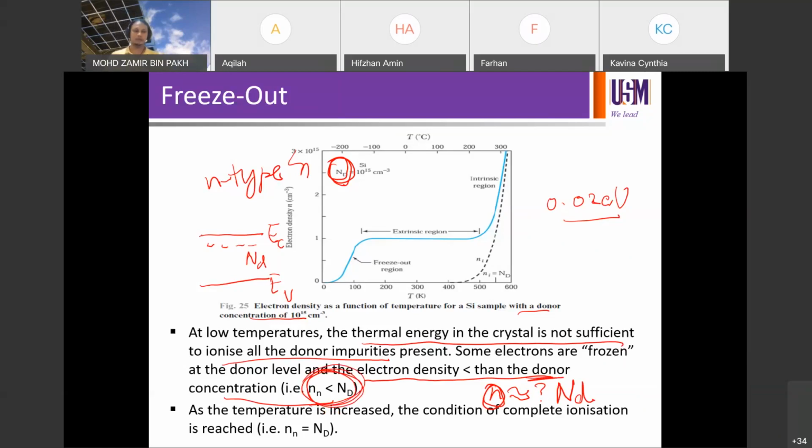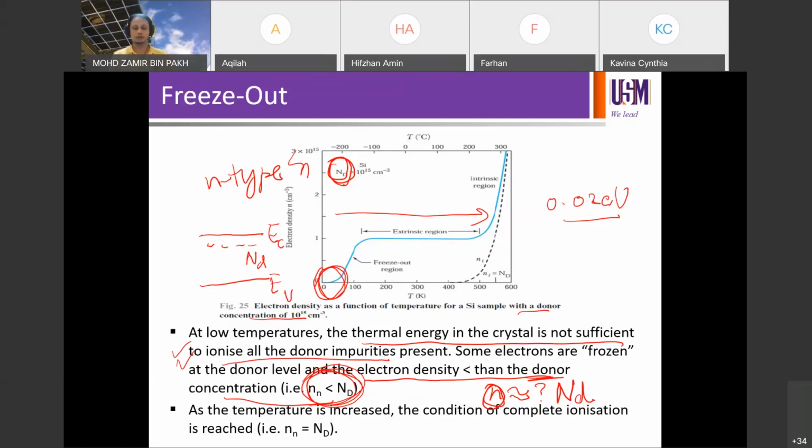As the temperature is increased, this is explaining the graph, when you go from the left to the right. So we discussed that here. Now, as the temperature is increased, going to the right slowly, the condition of complete ionization is reached. So we can now safely assume that 100% of the donor atoms are ionized.